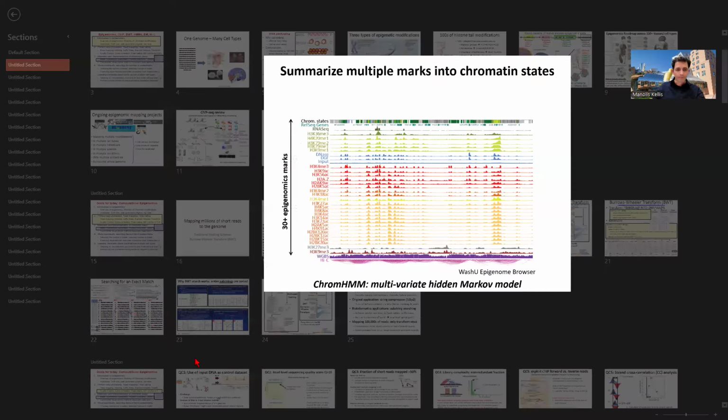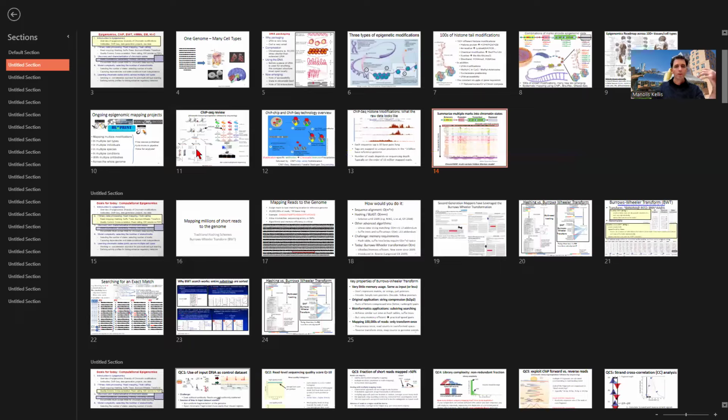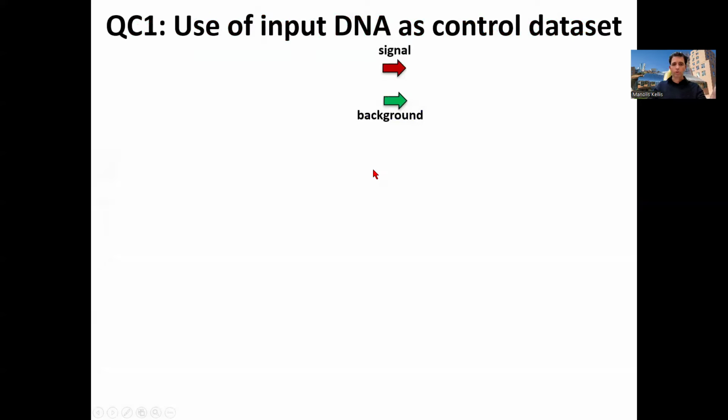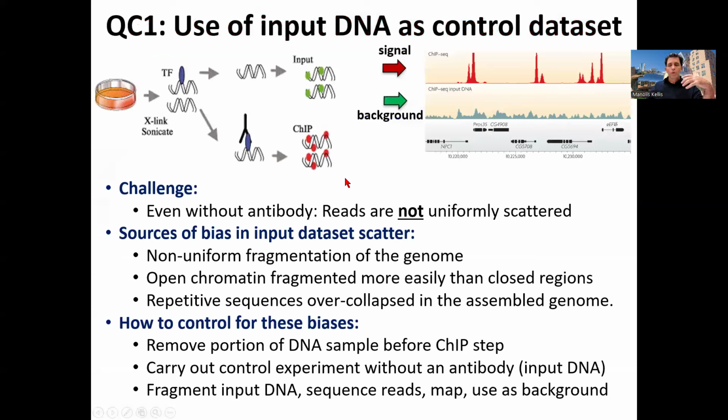So how are we going to do that? We're going to run a bunch of quality control steps, understanding that this will allow us to figure out which experiments were good, which experiments were less good, and so on and so forth. You don't have to worry about all of those, but this is useful for your general education. So first of all, you need to know where the regions are that are bound by a regulator.